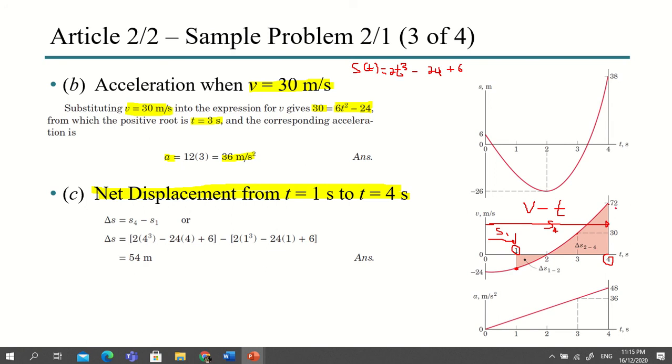The positive area, minus this area here. So overall, the net is equal to 54 meters. I hope it's clear, class.